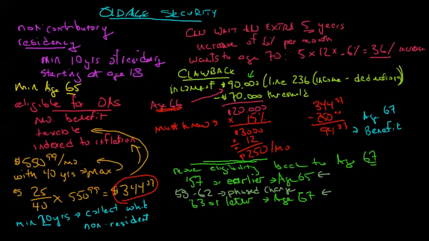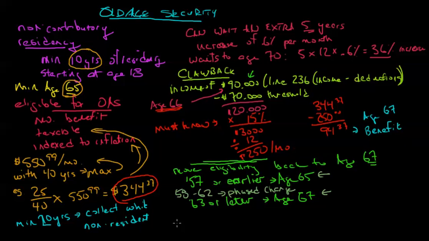Now, one other thing that I always like to mention around OAS, there's a lot of financial planning considerations around OAS, but something that's a fairly easy bit of financial planning here is we said the minimum age for OAS is 65 and minimum 10 years of eligibility. So what if I have somebody who comes to Canada for the first time at the age of 57? So this person comes to Canada at age 57, and they've never had any residency here before.